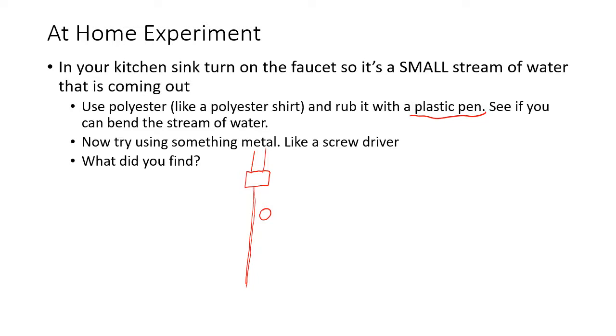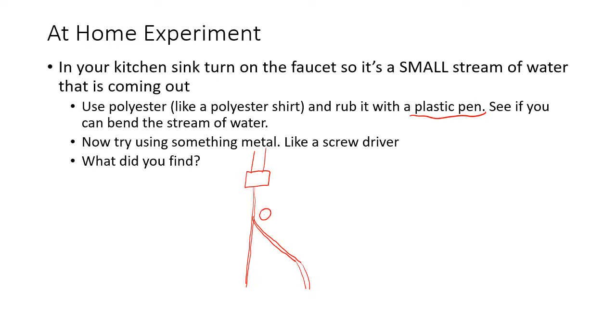What they said in the video is that half of it is positive and half is negative. So the hydrogens are positive and the oxygen is negative, but that just makes it neutral. And then this pen would have a charge to it, and so it'll bend the water towards it, and then gravity will still pull it down. So that's what will happen there.